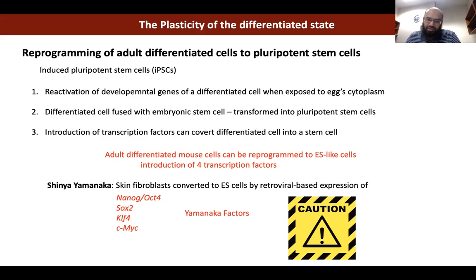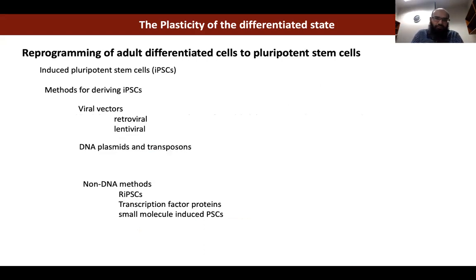But then they turn on the other developmental genes that are required for the embryonic stem cell phenotype. So caution needs to be taken while working with these retroviral based vectors.